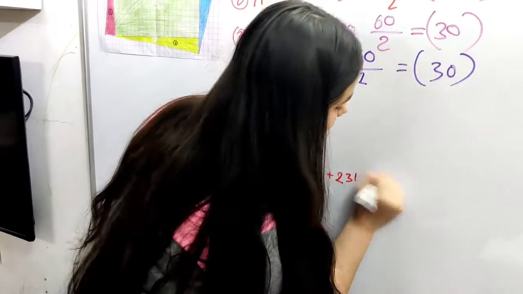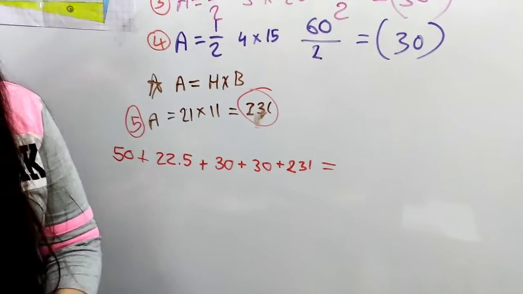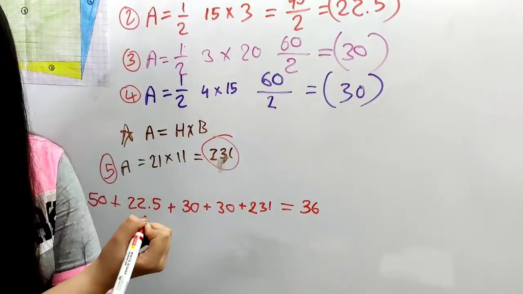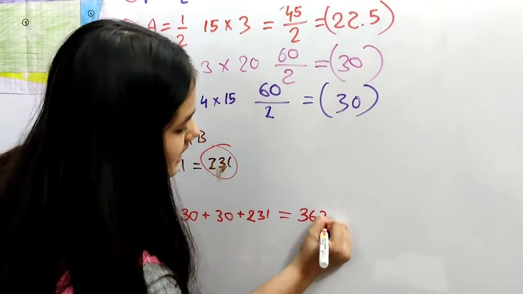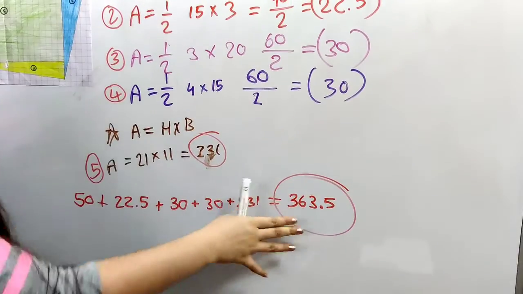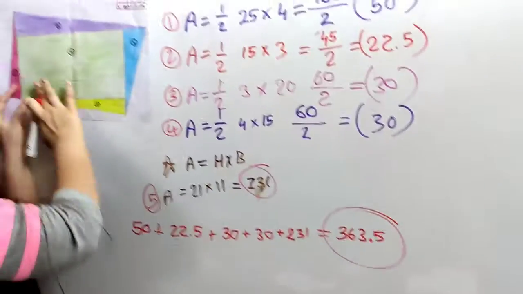So when you do the equals of all this, you will basically get your answer: 363.5. Okay. So this is the area of this whole shape.